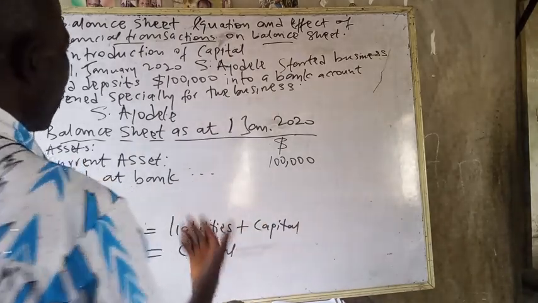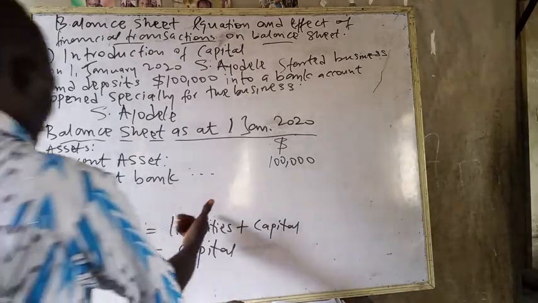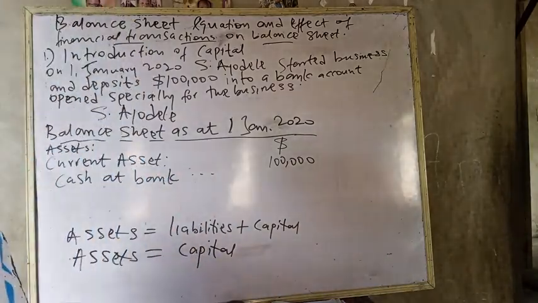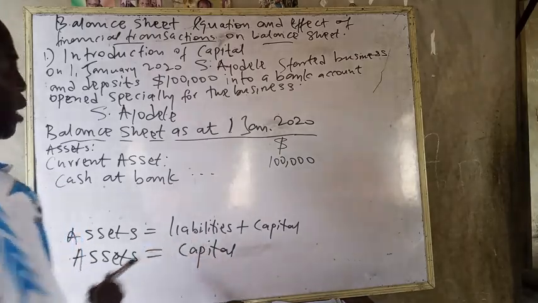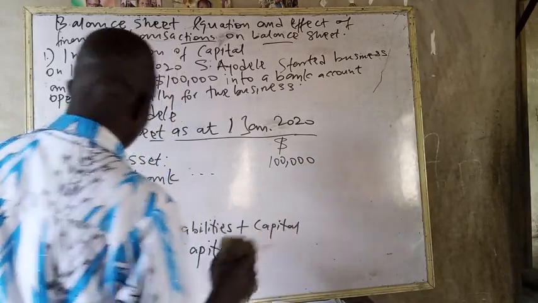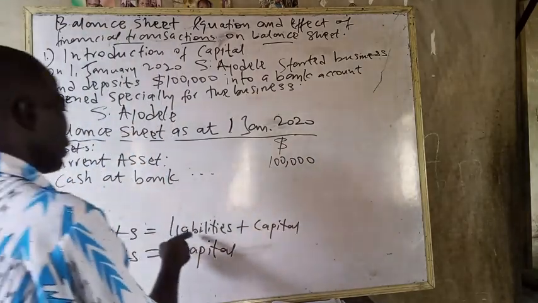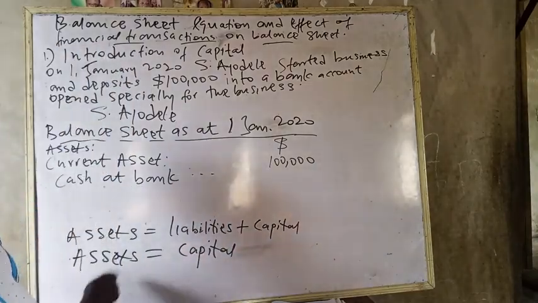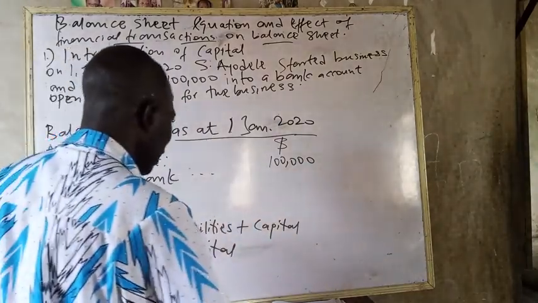So he might source it from an outsider, and that is what we call liability. So let me rub this off. It says either assets equal liability plus capital, or assets equal capital.